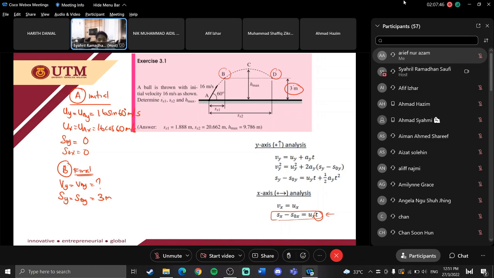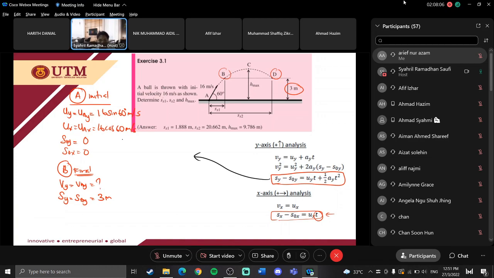So what else do you have? That is it. So you can use this equation, y first, in order to get the time between A and B. You just substitute into this equation.